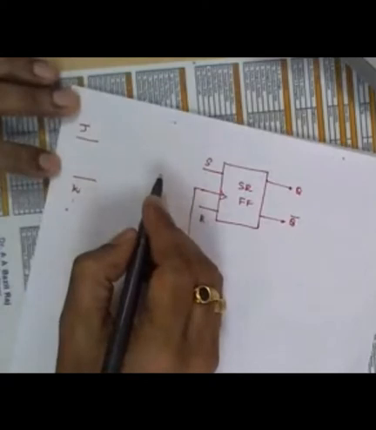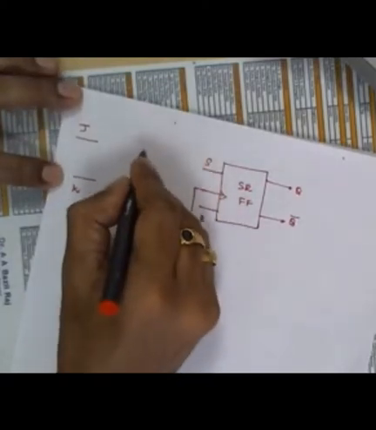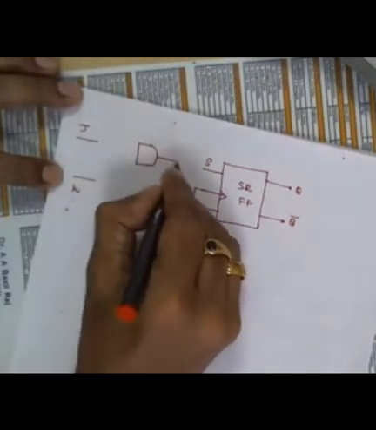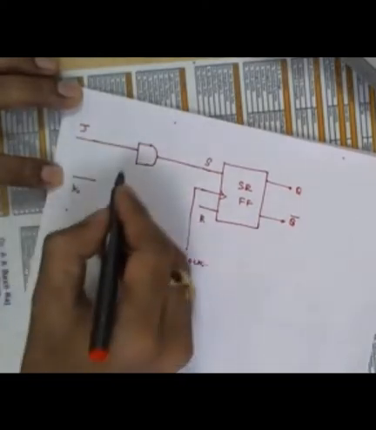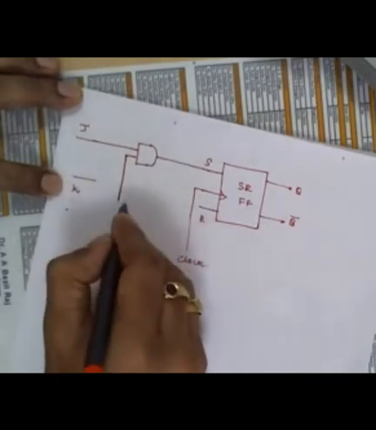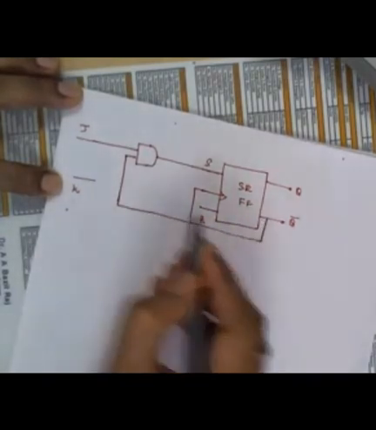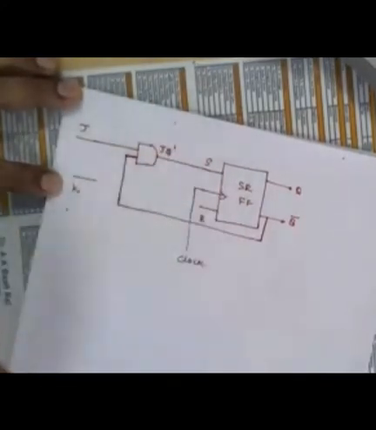So S is equal to JQ dash, and it goes to one AND gate. The AND gate output is S. The first input of the AND gate is J, and the second input is Q bar, which comes from here. That means J Q bar.